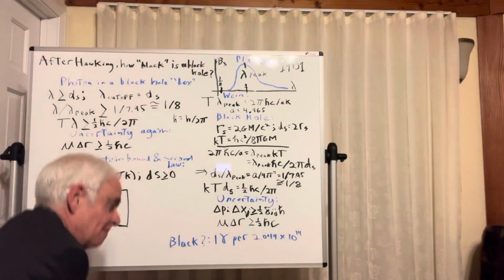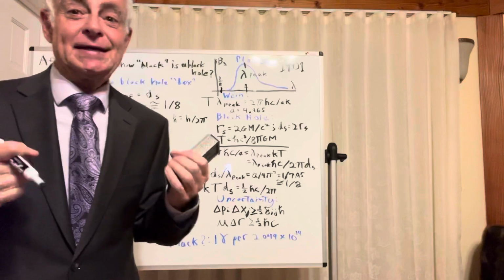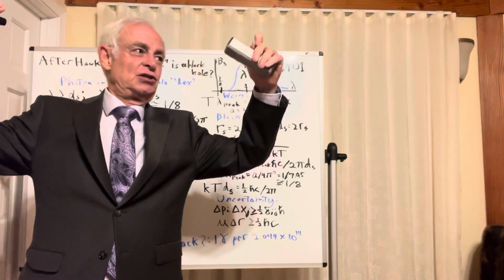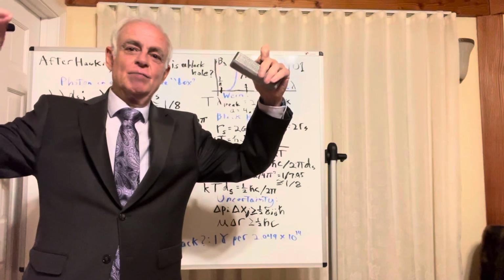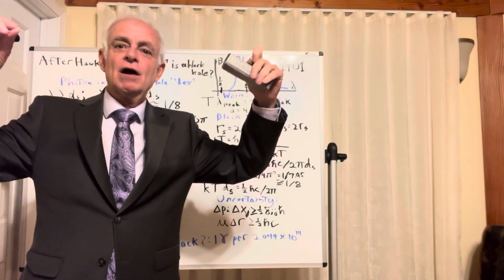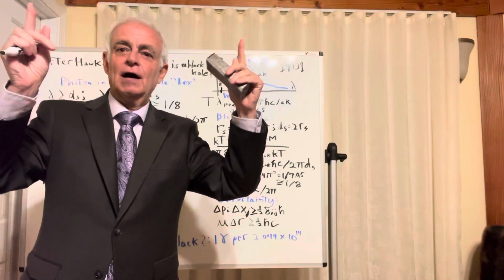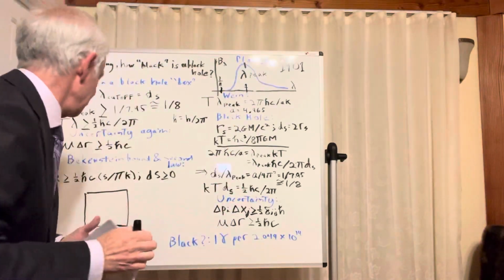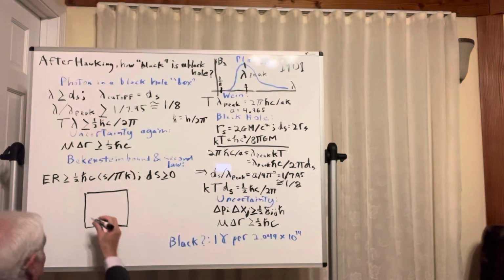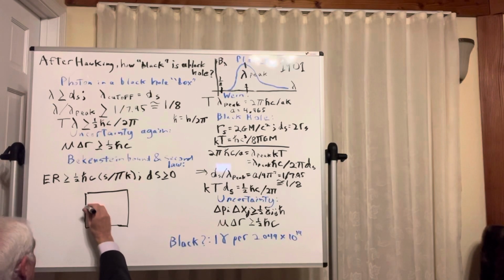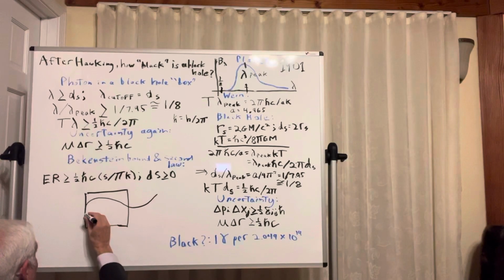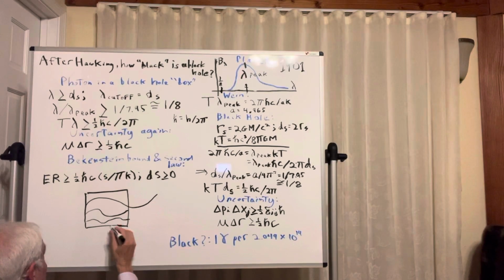Any violin, any cello, any string instrument operates according to this principle. The strings are attached at one end and the other end, and the vibrations which can occur are then going to be determined and constrained by how far apart these are attached at the end. So if I've got a particle in a box, you know, I can do this. I can have sort of a half beat, or I can have a full beat, or I can have 1.5 beats, and so on.